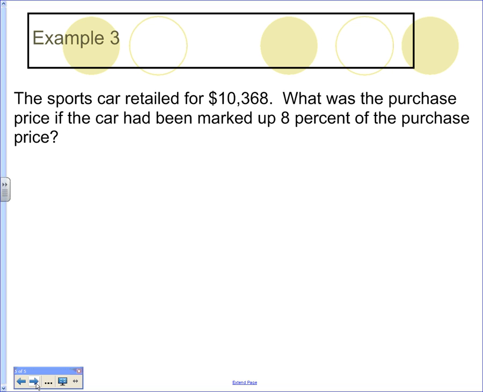Alright, who's brave enough to go work this one out? Somebody besides Shamar. He's already been to the board. Go ahead, Destiny.